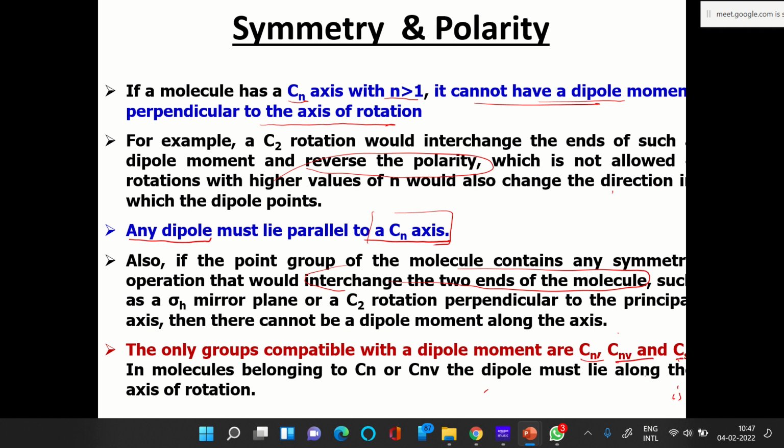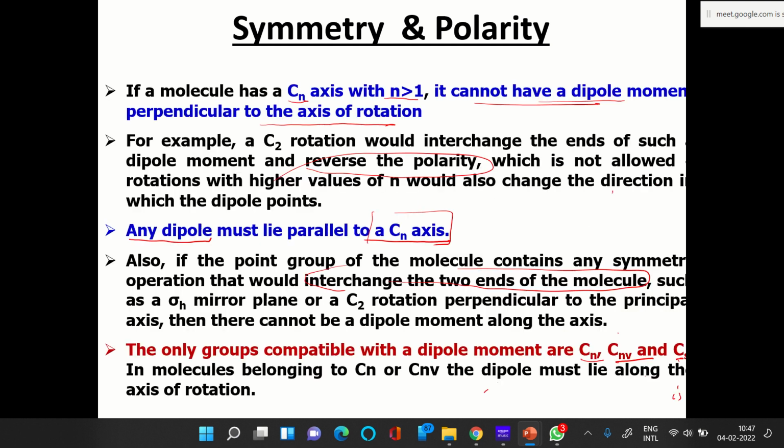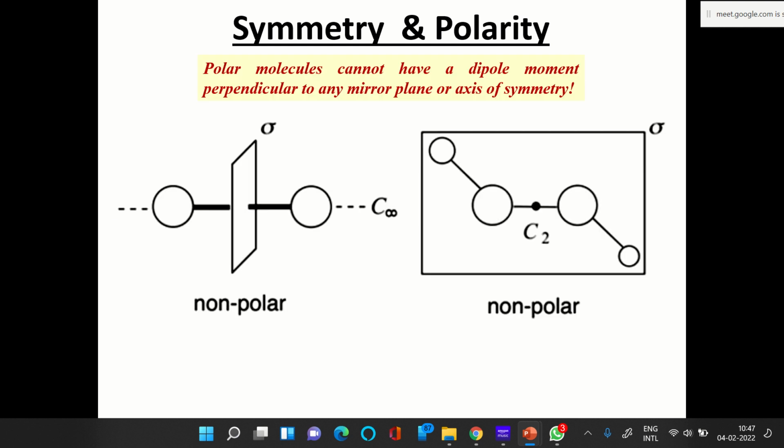So now you've got it very easily: Cn or Cnv, it becomes easier to tell which will have a dipole moment.